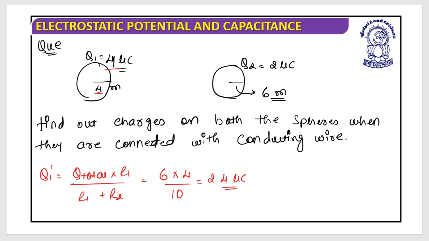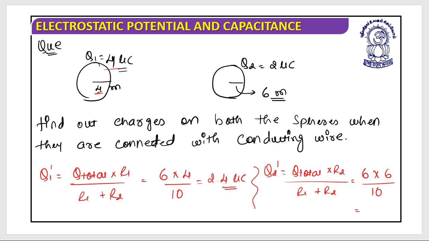And Q2 dash is Q total multiplied by R2 divided by R1 plus R2. So 4 plus 2, 6, multiplied by 6 divided by 10. 6 into 6, 36 by 10, it's 3.6 microcoulomb. So this is the value of Q1 dash and Q2 dash.